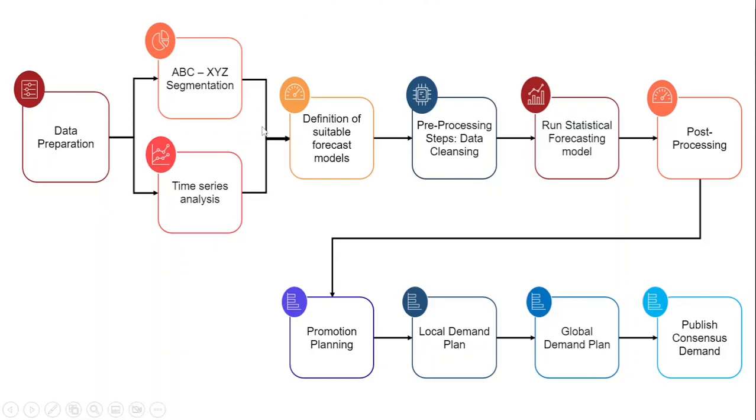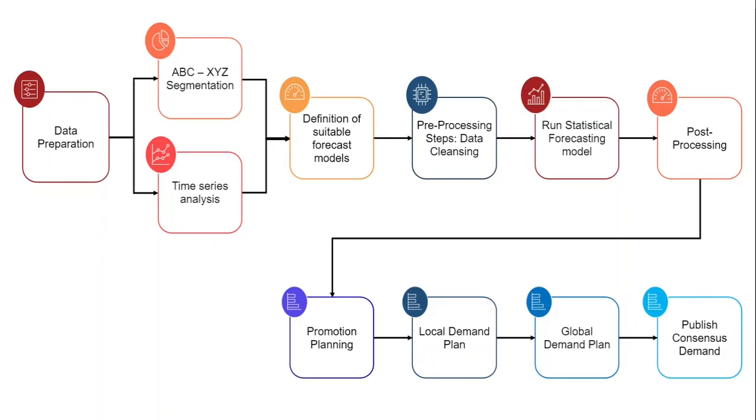So after selecting a good forecasting model, you have to cleanse your sales history. That's your pre-processing step, before we do the forecasting. Again, data cleansing has multiple algorithms like outlier detection and outlier correction methods. That also I'll talk about in the next videos.